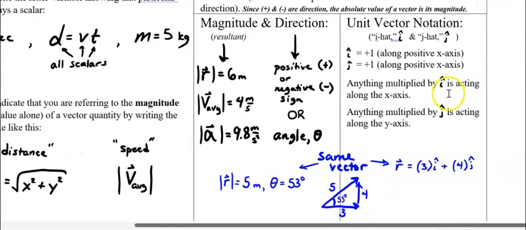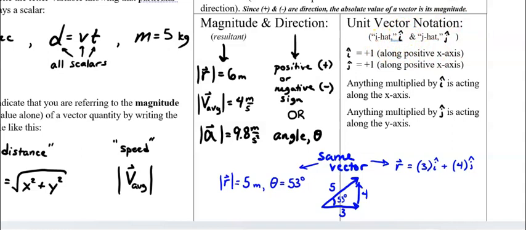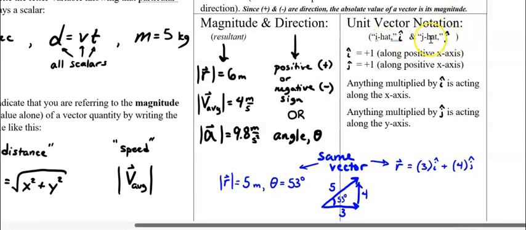Unit vector notation, really people overcomplicate this all the time, but it involves what's called unit vectors. This I with a little arrow over the top of it is called a unit vector, and it's referred to more specifically as I hat, because it's got a little hat on. And this J, which also has a little hat on, is going to be called J hat. Now what these are, they're just a vector with a value of 1. So they don't change the number when you multiply something by I hat, because if I multiply anything by 1, then the value just stays the same.